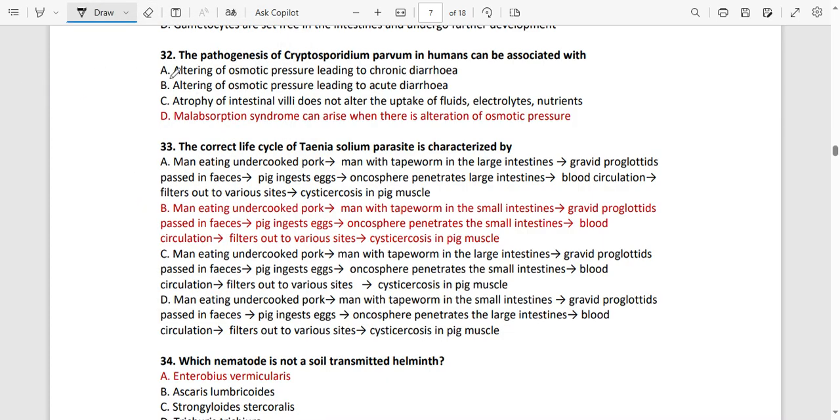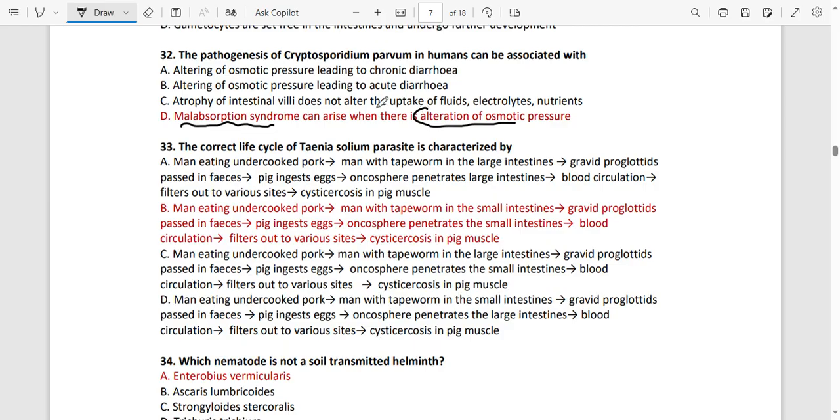Oh, thank you so much. So yeah, that is sensible, right? That is so sensible. I didn't even take time to look at this. I thought there is a word "and" somewhere. So malabsorption syndrome can arise when there is alteration of osmotic pressure. Malabsorption is the atrophy, yes, the atrophy of the villi.